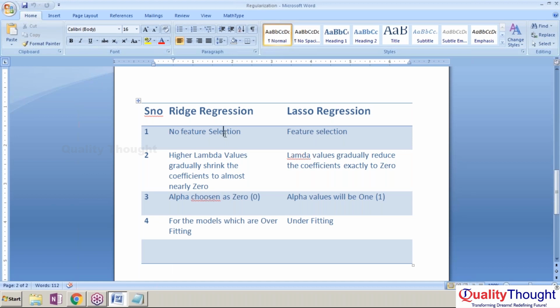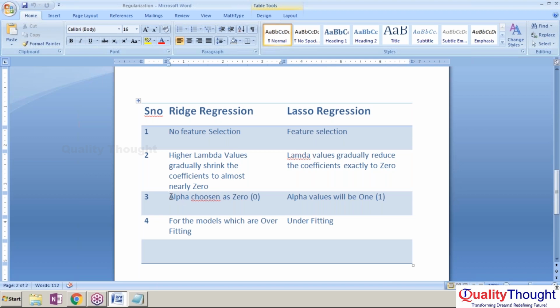Ridge regression will not do that. It will just shrink the values of the coefficients in order to get the correct values. And higher lambda values gradually shrink the coefficients to almost nearly 0, whereas in lasso regression the lambda values reduce the coefficients exactly to 0.